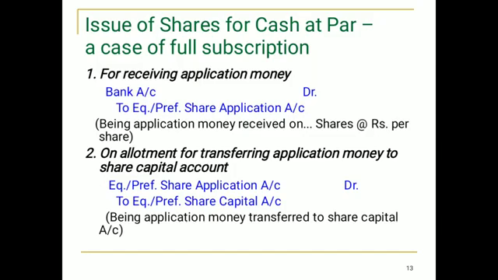So the very first step is that people are going to apply for the shares that the company has issued. The journal entry on receipt of application money is bank account debit to equity share application account or preference share application account. Application money is received, so bank account debit.